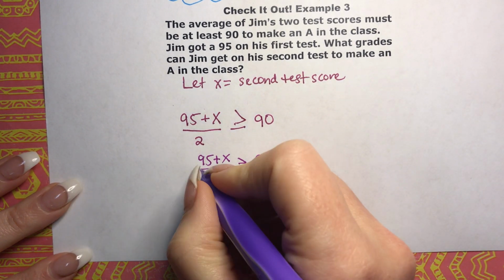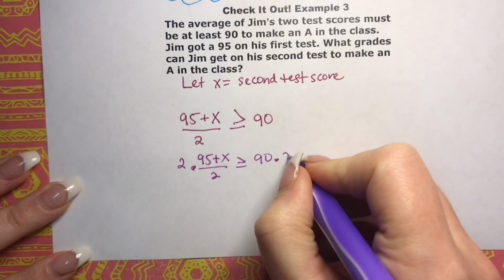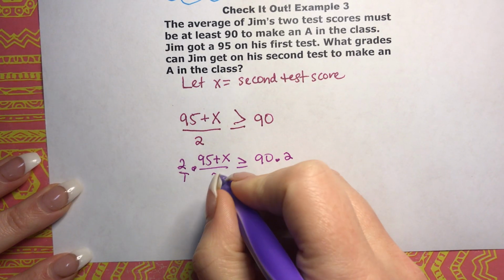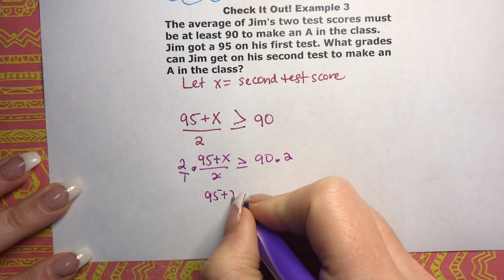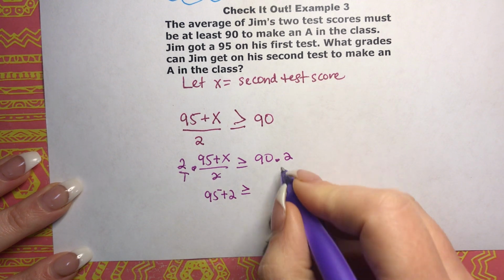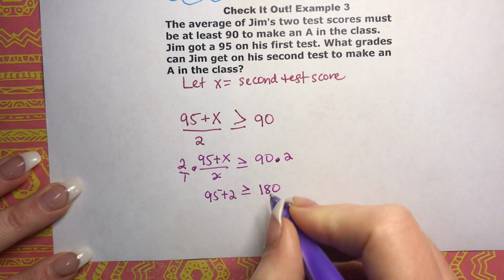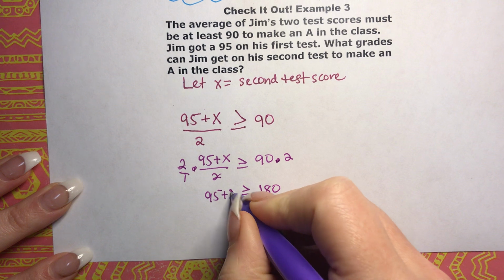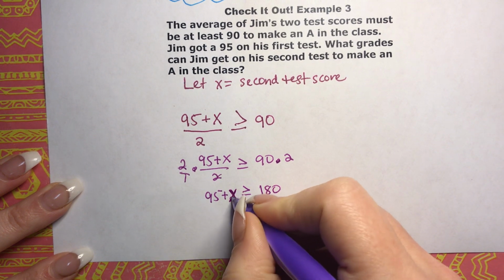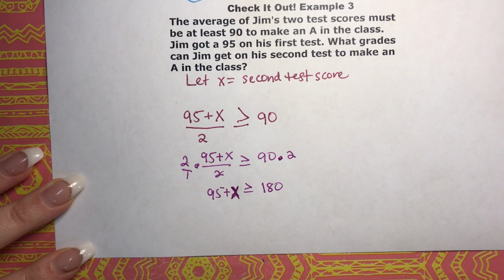We're going to get x by itself, so we're going to multiply both sides by 2. Those cancel. We're left with 95 plus x. 90 times 2 is 180. Oh, wait, this is supposed to be an x. Okay, I keep bumping that.